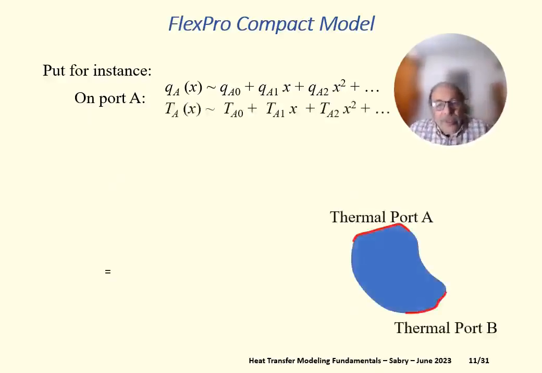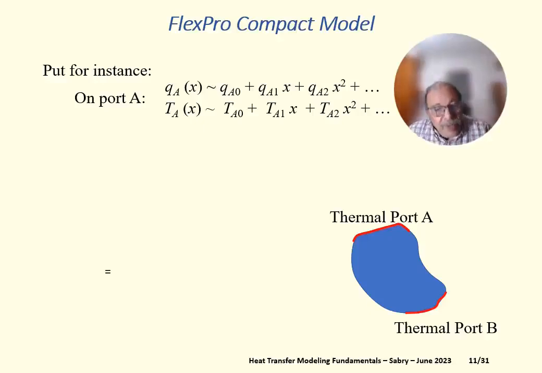Now I go to the FlexPro compact model, which I'm proposing to replace H. Suppose that I recognize the fact that Q may be a function of X, for example, on port A, QA is a function of X, maybe developed over a Taylor series or something like that. And I also recognize that the temperature at port A may not be uniform.